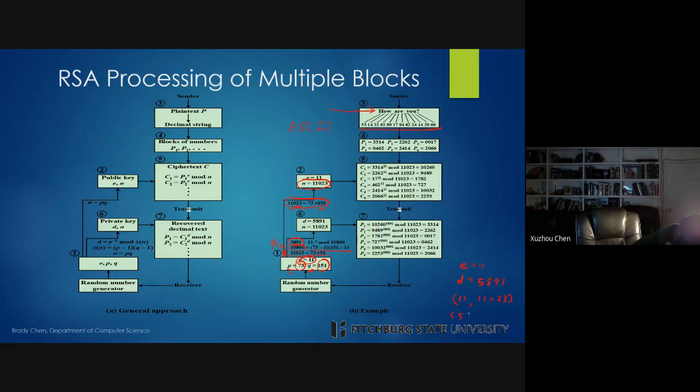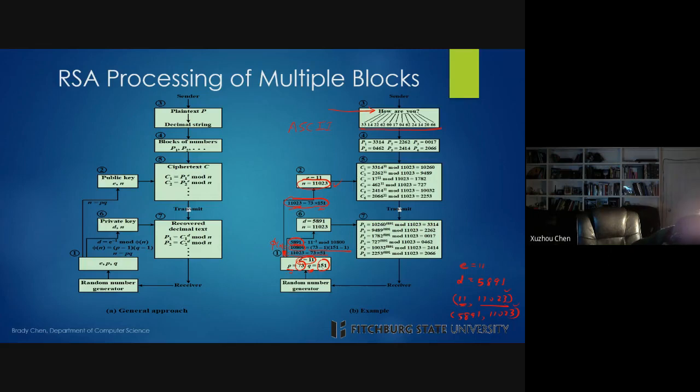Private key is 5891, 11023. So that's n. This is the n, and this is the public key, which is the e. E is relatively prime to this phi of n.